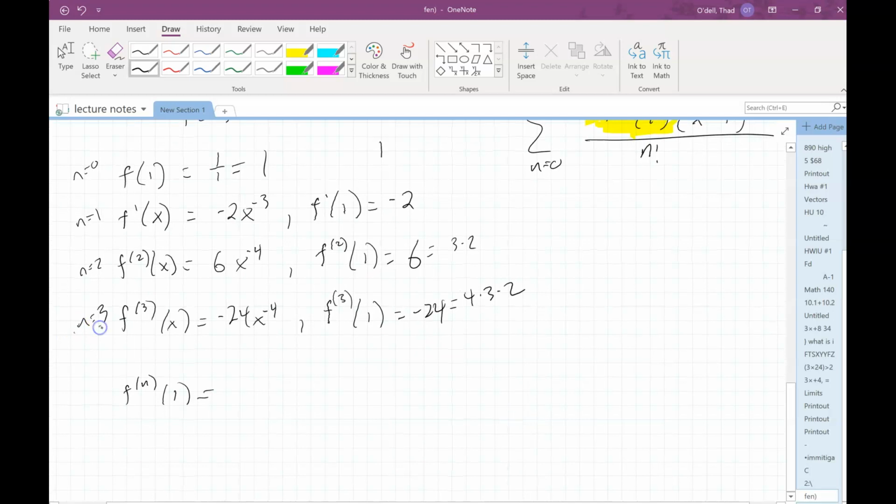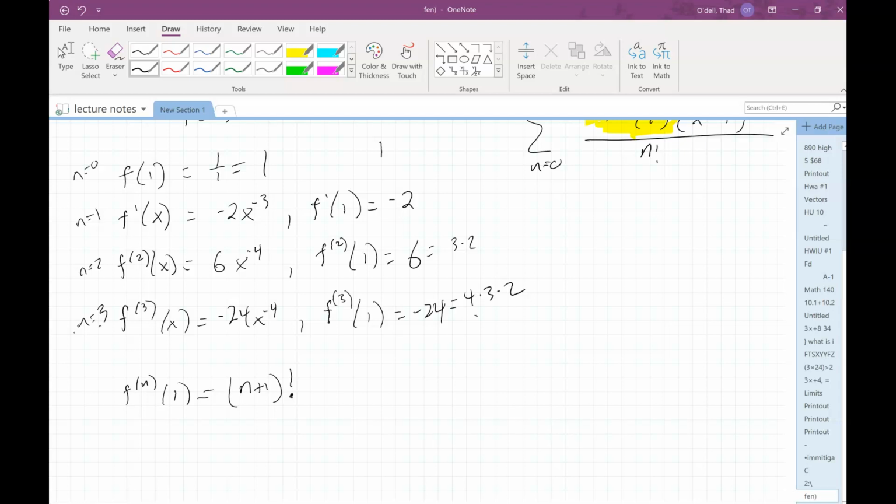This is n equals 3, and that's 4 factorial. N equals 2, 3 factorial. N equals 1, 2 factorial. N equals 0, 1 factorial. So it seems like the factorial is always 1 above the n. So could this be n plus 1 factorial? I think that would take care of the 4, 3, 2, 3, 2, 2, 1.